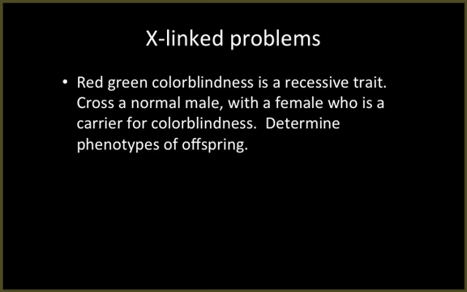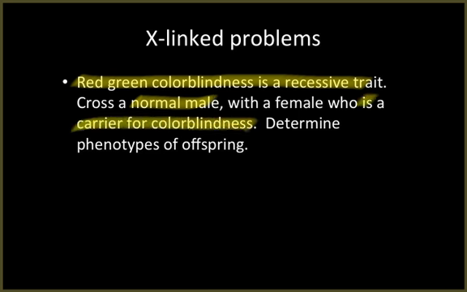So for example here, red-green color blindness is a recessive trait. Let's highlight some information here. Red-green color blindness is a recessive trait. Cross a normal male with a female who is a carrier for color blindness. Okay? So, remember, the sex chromosomes for male are X, Y. And for female, it's X, X. Now, in order to show these traits, we're going to use superscripts.